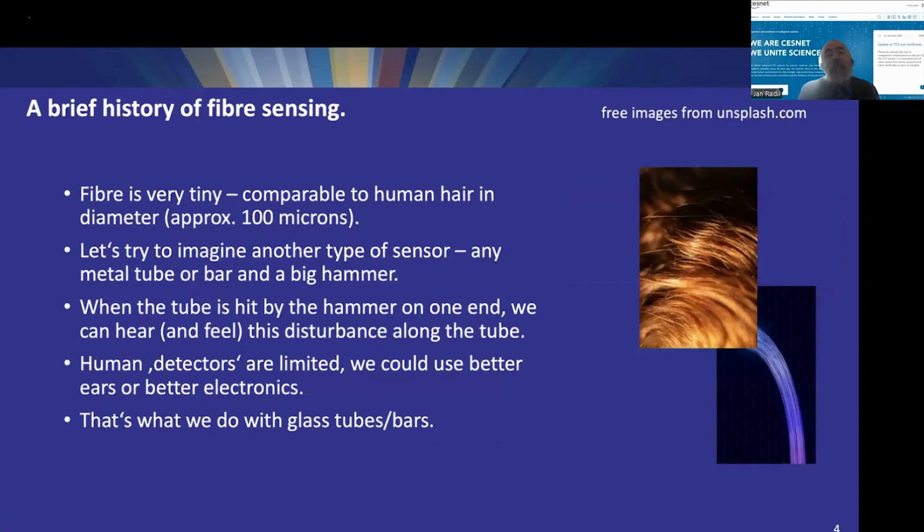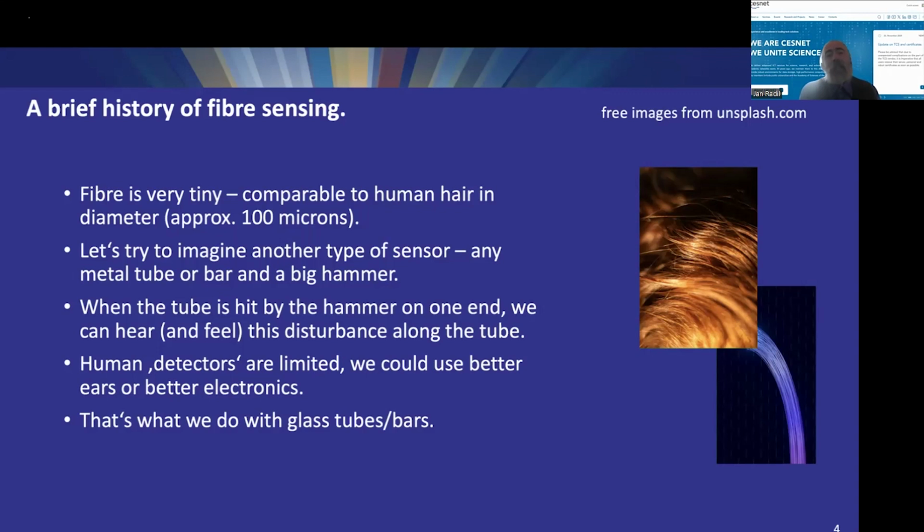Fiber is very tiny. We can think about it like a human hair. Let's try to imagine another type of sensor. Let's talk about any metal tube or bar or even string. When this tube or piece of steel is hit by a hammer on one end, we can hear and even feel the disturbances along this tube.